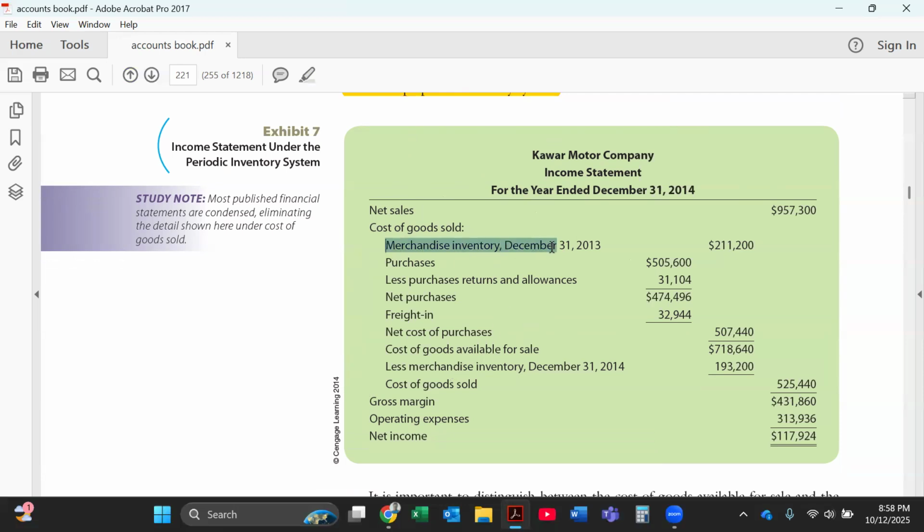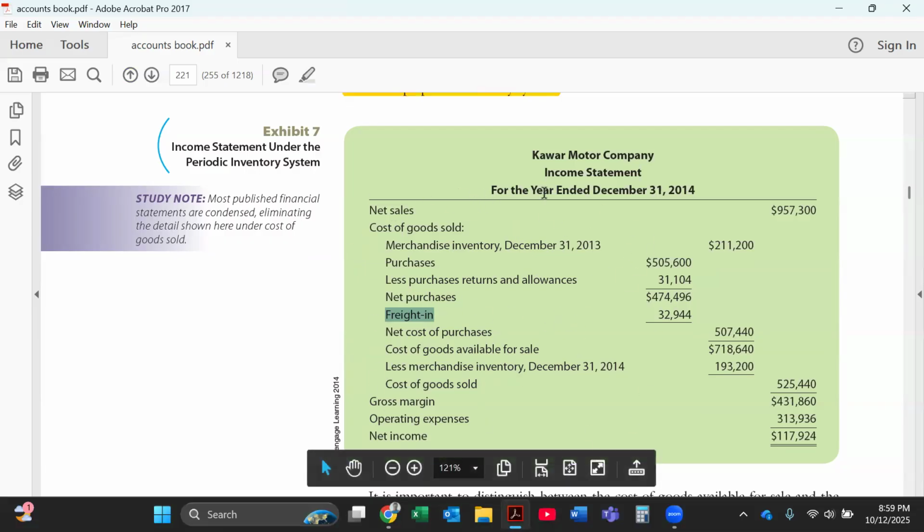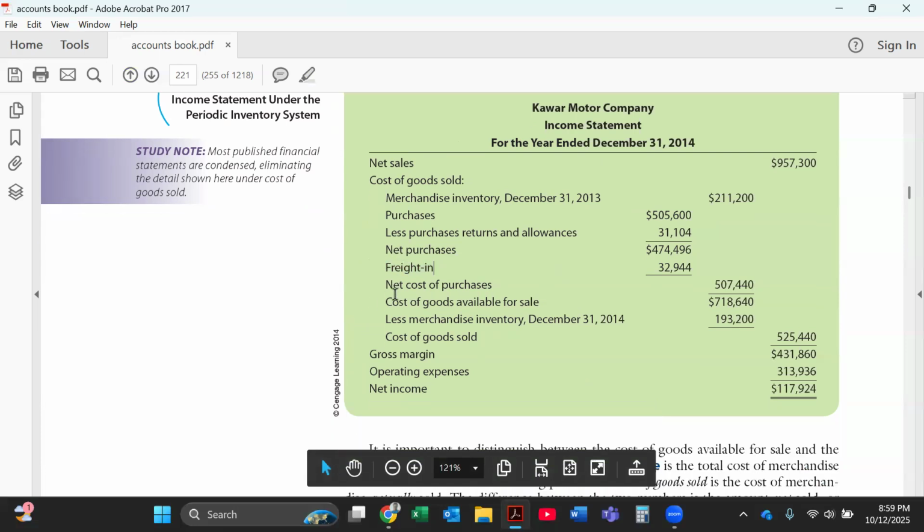And it's calculated by taking beginning merchandise inventory plus purchases, less purchases returns, plus freight in. It gives me net cost of purchases minus all of that other stuff, and minus ending inventory gives you cost of goods sold. Again, don't worry about it today. We'll go over this next class, but you have to be prepared to complete something like this because they do like to test on this.